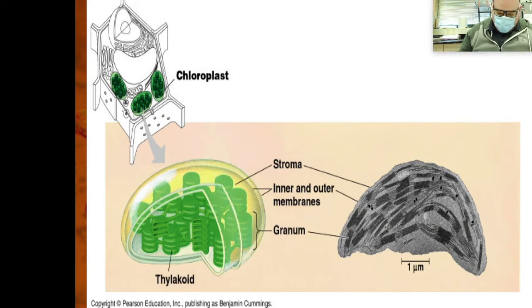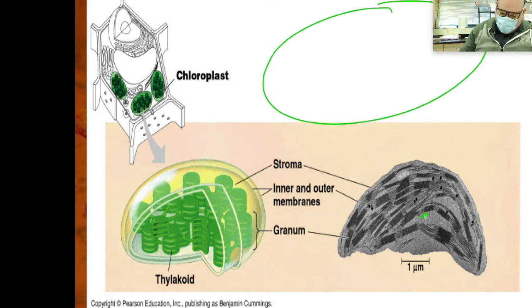All right, here's a better picture than what I can draw. Here's your electron microscope over here. I think the cartoons help you understand it a little bit better. We have that inner and outer membrane. I'm just going to follow along up here. And then you have what are called thylakoids. Thylakoids look like green cookies or donuts, and they're stacked up into stacks.